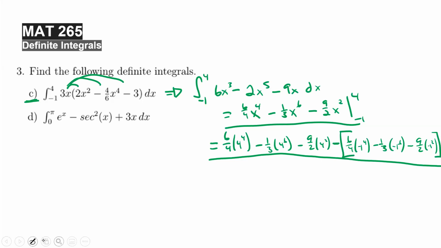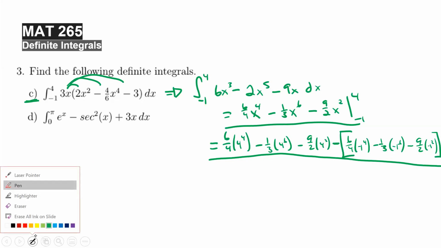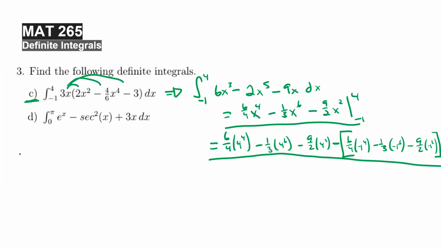Let's look at the next part, in red right here: e to the x minus secant squared x plus 3x dx.